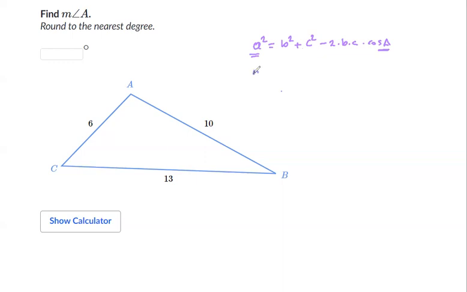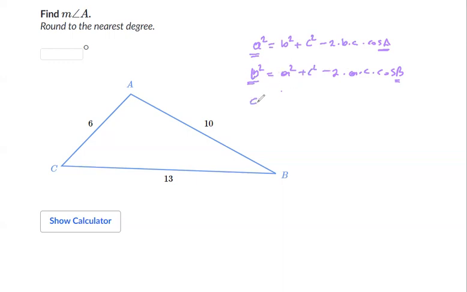Let's say I'm going to find b alone. That should be b squared equals a squared plus c squared minus 2 times a times c times cosine of B. So again, the side b and the angle B go together. All the others work in a similar manner.